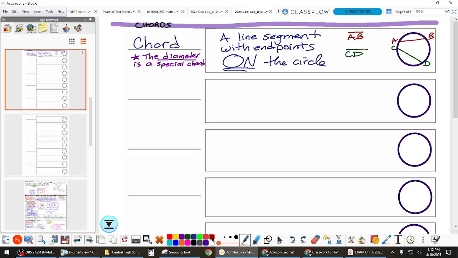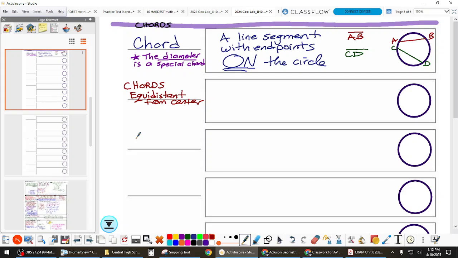Do you think numbers would help, or do you want to just write? I think description is probably more helpful. Okay. And these are not in any particular order. So chords equidistant from center.